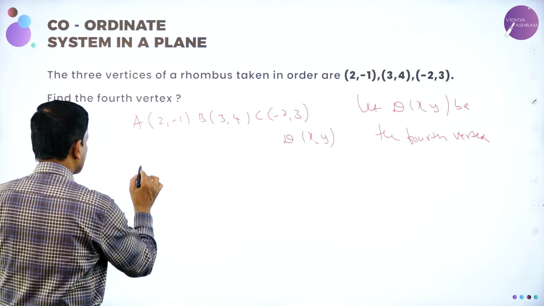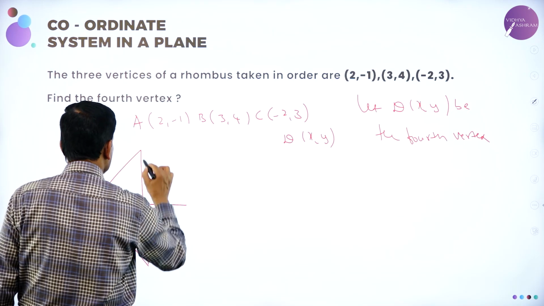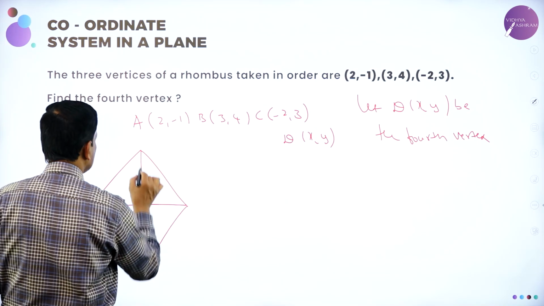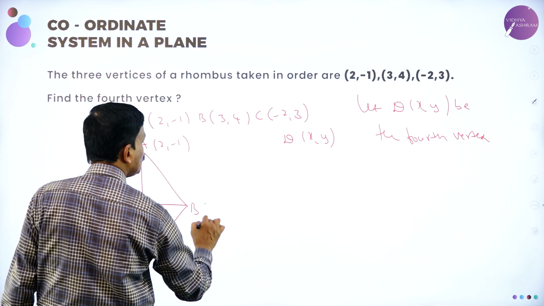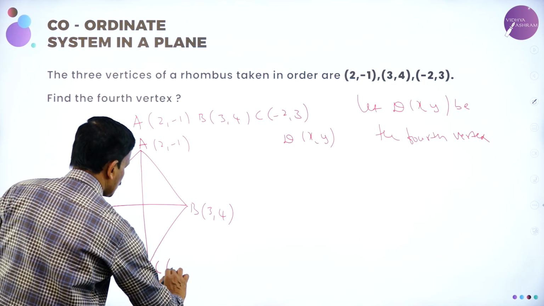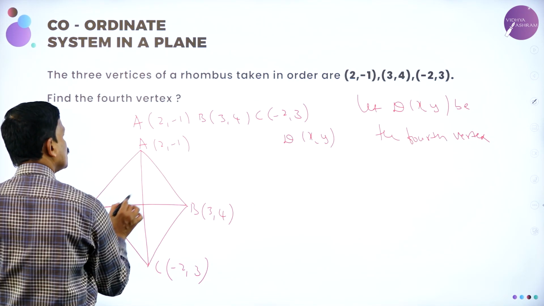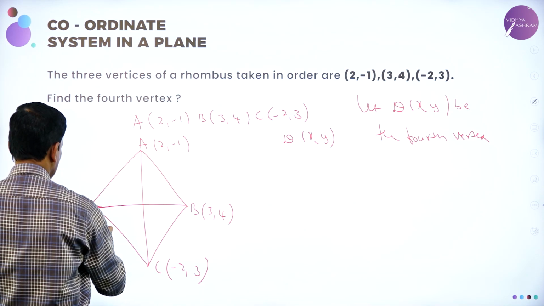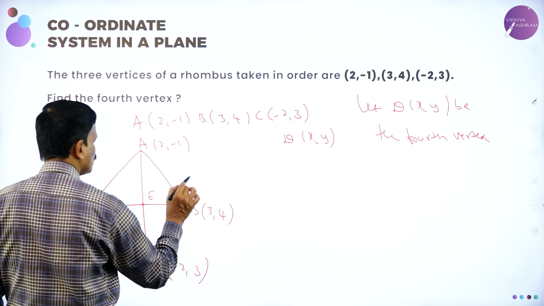Now just write down the rhombus. This is the rhombus, right? So here A is 2 comma minus 1, B is 3 comma 4, C is minus 2 comma 3, and D. What is D here? D is equal to x comma y, which is to be determined. So this is the midpoint, E is the midpoint.